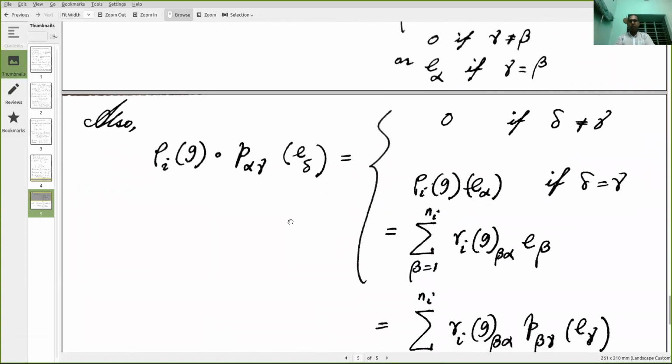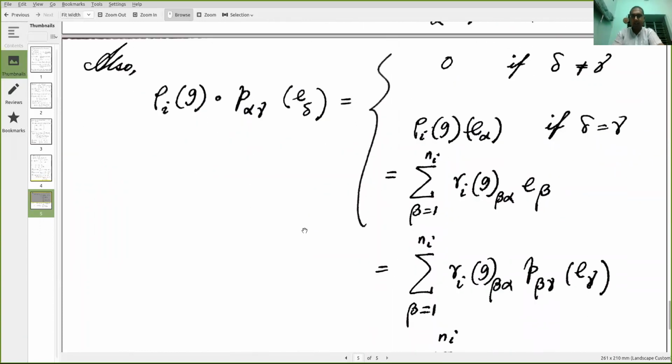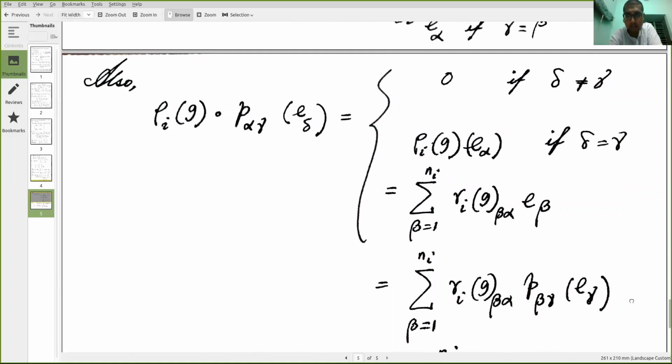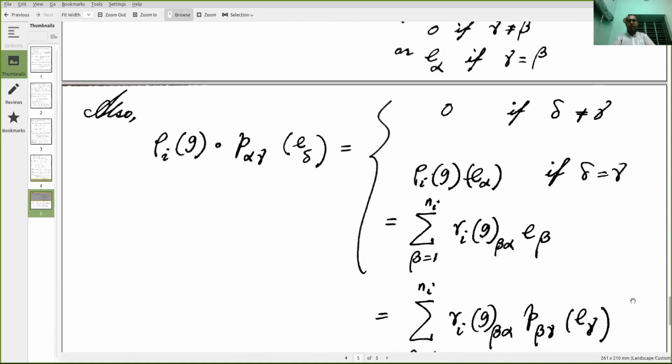Now one more thing we will need. Suppose we have this P alpha gamma, and then we compose it with the linear map rho Ig, then what happens? It is again very easy to see. If gamma is not equal to delta, then from our earlier formulas this will be 0. If gamma equals delta, then this will be E delta, E alpha gamma E delta, so it will be E alpha.